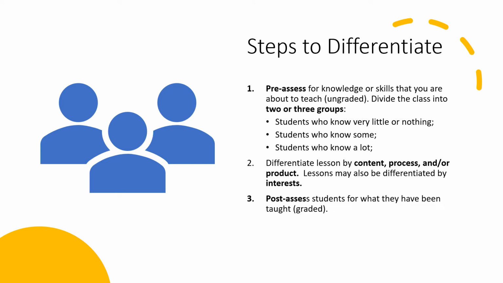The third step is to differentiate lessons by content, process, or product, or interests. We'll be talking about these later in the lecture. Finally, just as with all instruction, after the teaching, you must assess students for what they have learned. And that is when you would possibly grade the assessment.